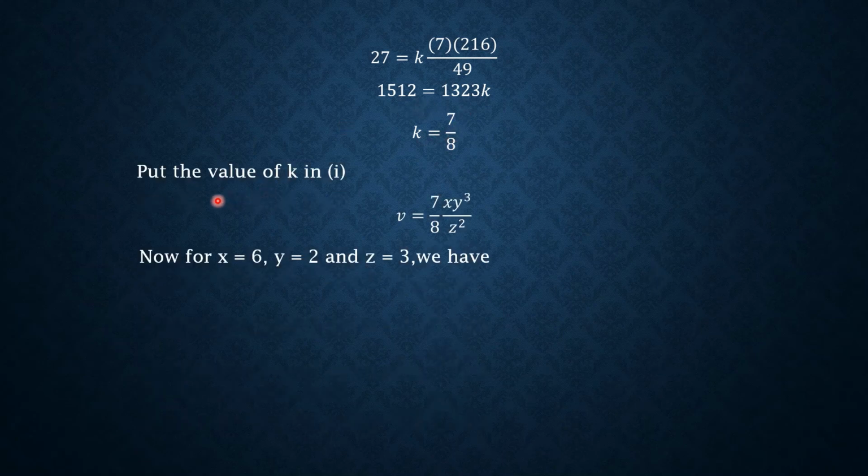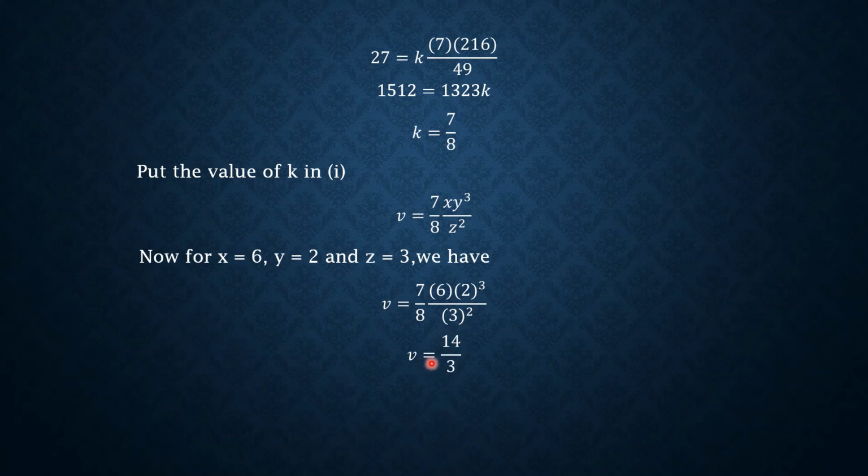Now put the value of k in equation number 1. We have v equal to k xy cube by z square as 7 by 8 into xy cube over z square. Now for x equal to 6, y equal to 2 and z equal to 3, we have v equals 7 by 8 into 6 into 2 cube divided by z square, 3 square.